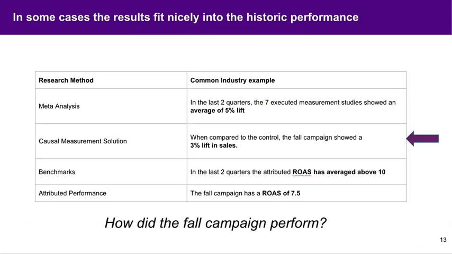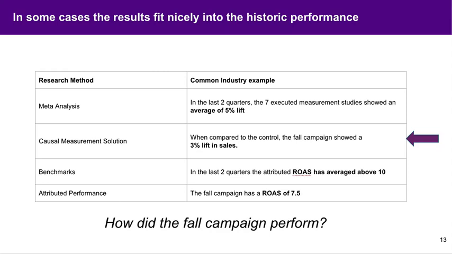So if we have this framework, we can actually help align results as well as expectations, and provide a reference to the numbers that we're seeing out of the studies. So look at the causal row here, where the arrow is. The fall campaign drove a 3% lift. How do we feel about this?